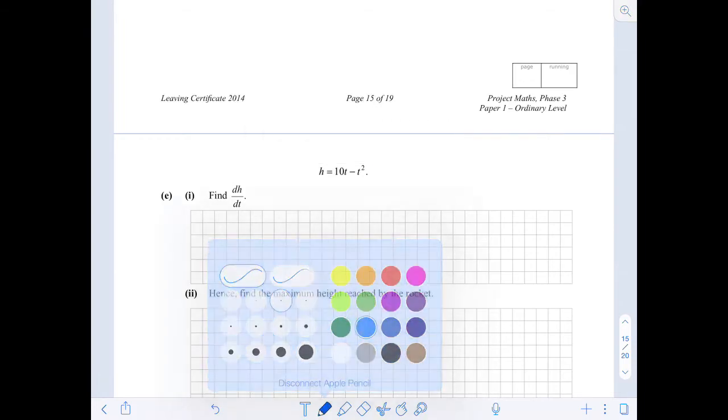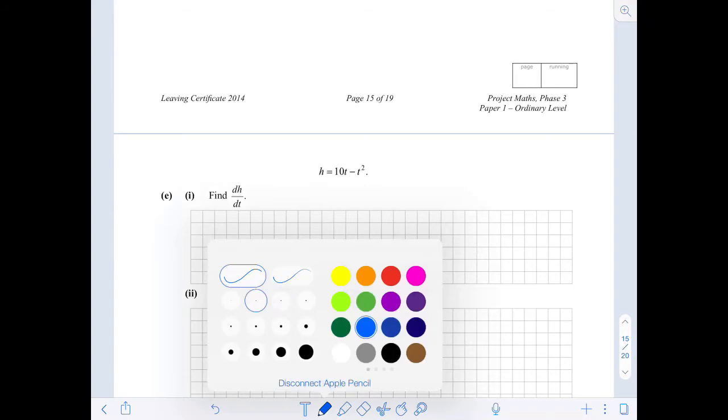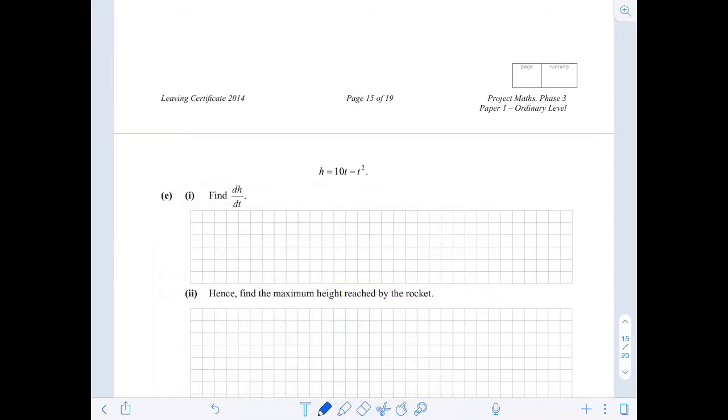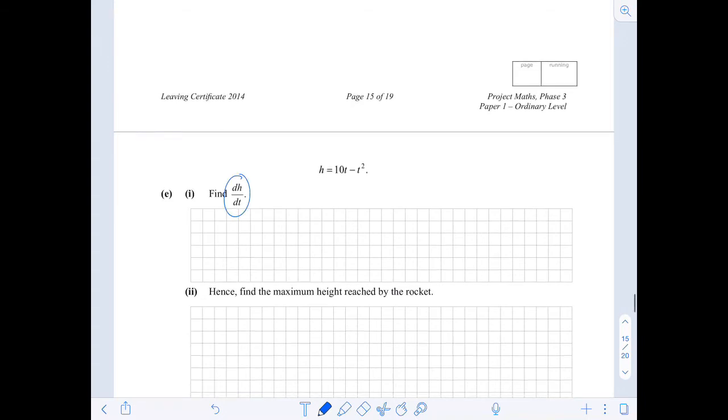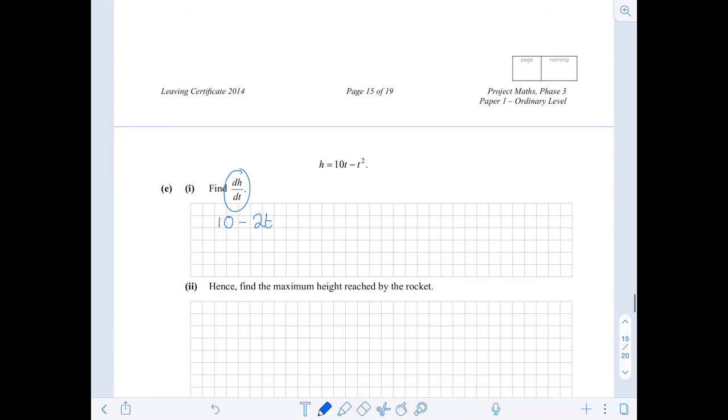Let's go back into blue. So that's H. dH/dt means differentiate. So I'm going to differentiate this guy here. So it's going to be 10 minus 2t. And that's dH/dt.